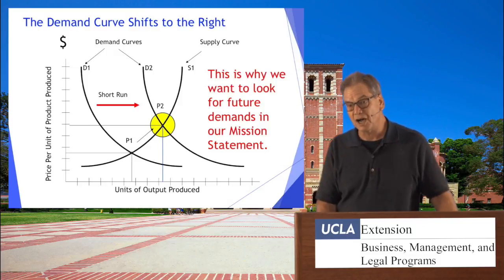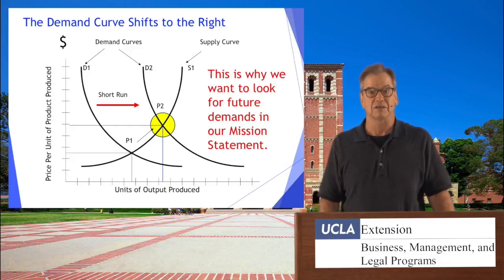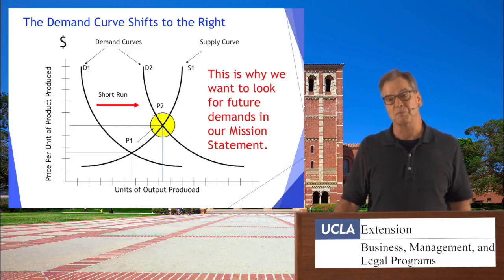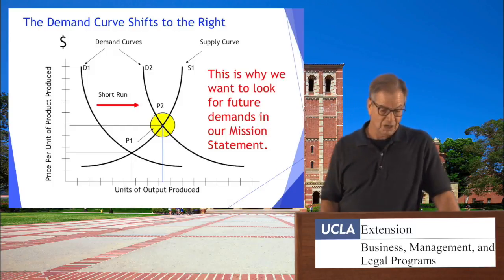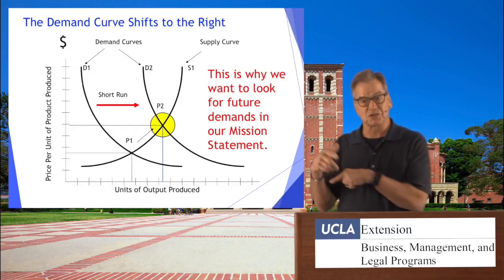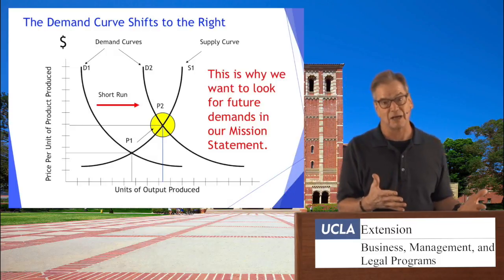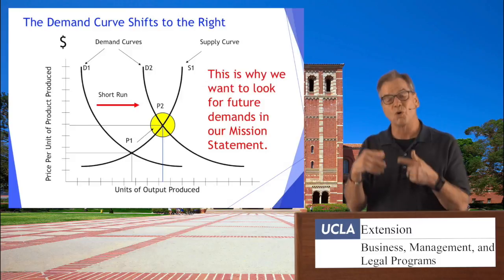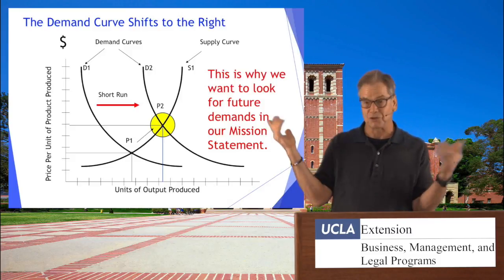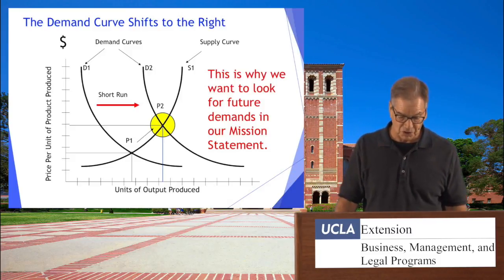Now we can charge a higher price because no one else is providing it. So we're in a real sweet spot in the market where we can charge a higher price, in this case P2, because there's this increased demand but not the supply. By definition, a market opportunity is where there's more demand than there is supply. There it is, and this is where we can charge a higher amount.